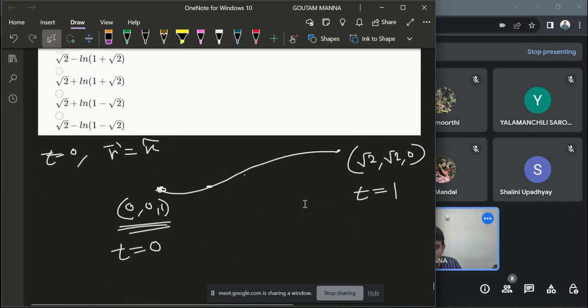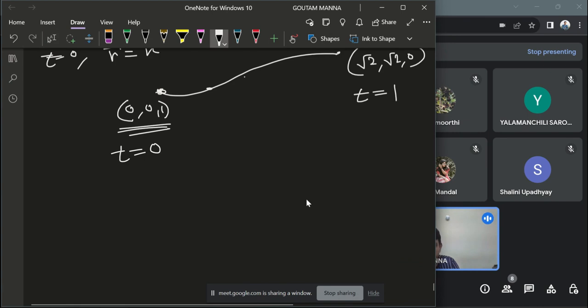Okay, so similarly we will calculate this dr, this infinitesimal length, and we will do the integration.